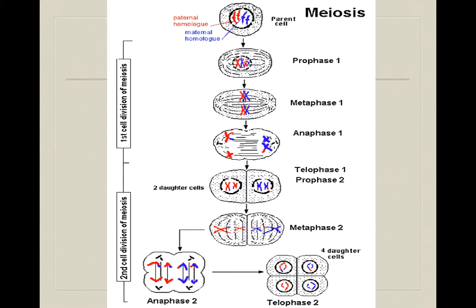In anaphase 1, you'll see them moving to opposite poles. In telophase and cytokinesis, you have the 2 different daughter cells. Then you continue to meiosis 2, where metaphase 2 is the lining up of chromosomes yet again, and anaphase 2 is where they separate out. Finally, in telophase 2, you have 4 completely different daughter cells, which only have half the genetic makeup of the parent cells.